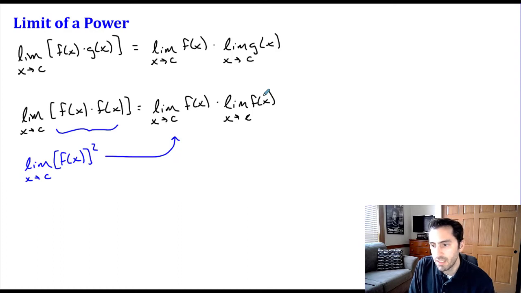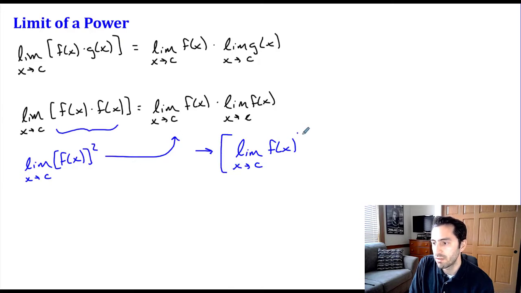And if I look at this, I have a limit of f of x times itself. So these are the same thing multiplied together. So I have another way that I could write this. So from here, if I go one step further, this is the same as the limit as x approaches c of f of x, and then this entire piece is squared.